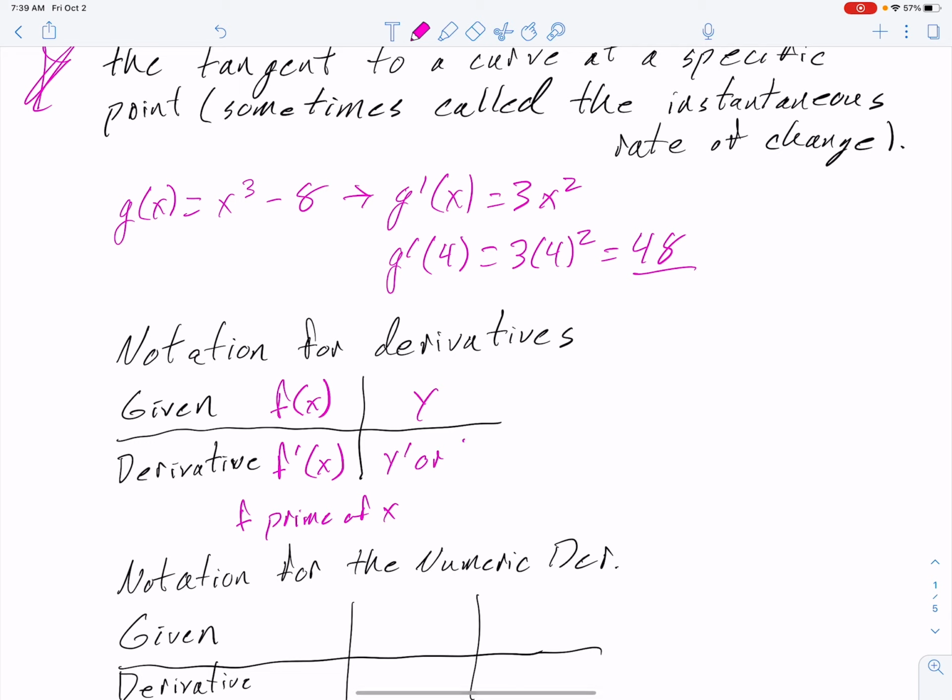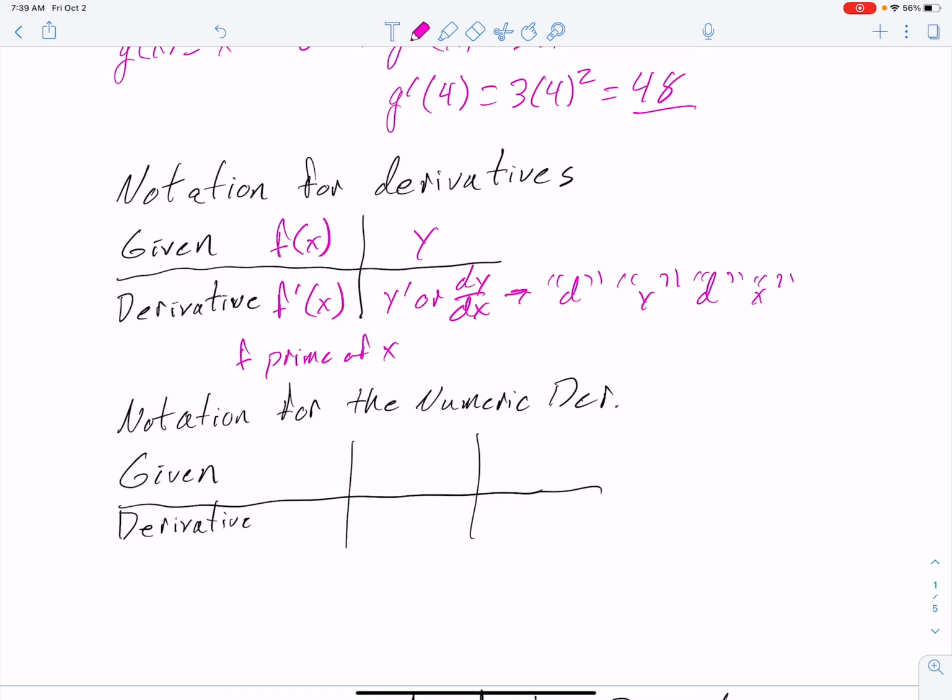The more formal notation when we're just given y is dy dx, and this is simply said dy dx. Now, if you think about what the derivative represents, it represents the slope of the tangent. And for some people, seeing dy over dx makes them start thinking of delta y and delta x, change in y, change in x, and that hopefully should make a little bit of sense because delta means change.